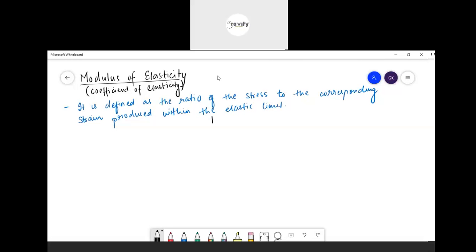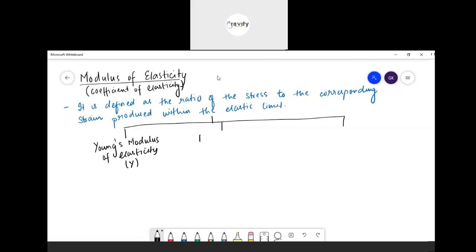Now, modulus of elasticity are broadly classified into three categories. One is Young's modulus of elasticity, denoted by capital Y. Bulk modulus of elasticity, denoted by K. Modulus of rigidity, denoted by eta.